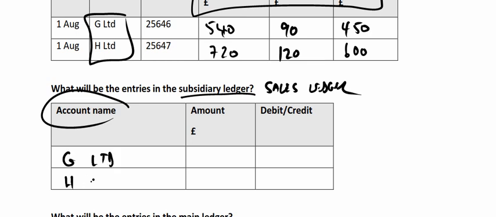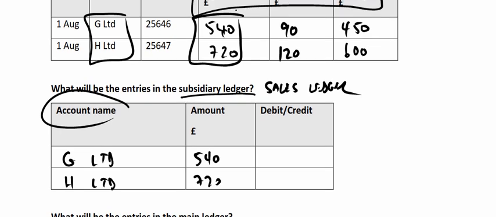They will each have their own account in the sales ledger. The amount owed by the customer is the full gross value of the invoice. If we invoice a customer, they owe us the entire gross value of the invoice, so the 540 and the 720 respectively.